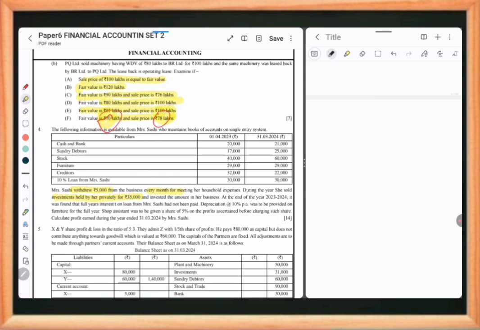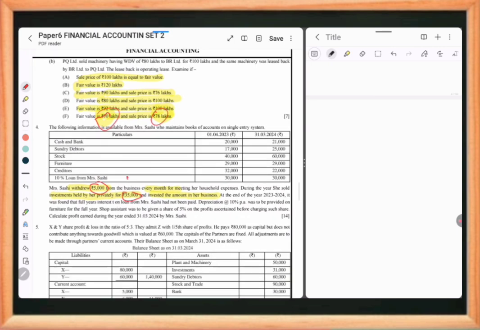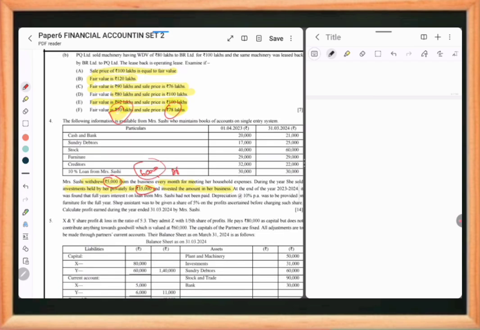Investment sold for 35,000, but that amount was put back into the business, invested the same amount. It is additional capital. The 5,000 rupees per month, so 5,000 into 12, that is 60,000 rupees. It is drawings.